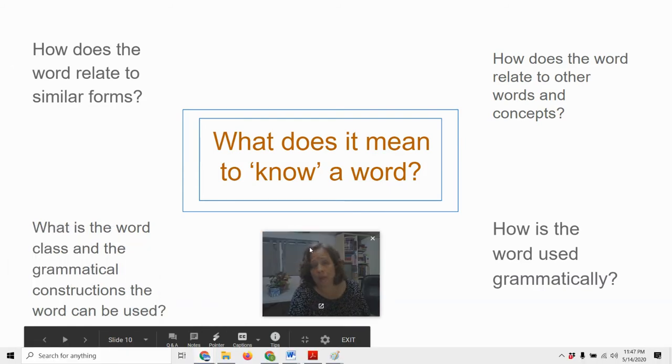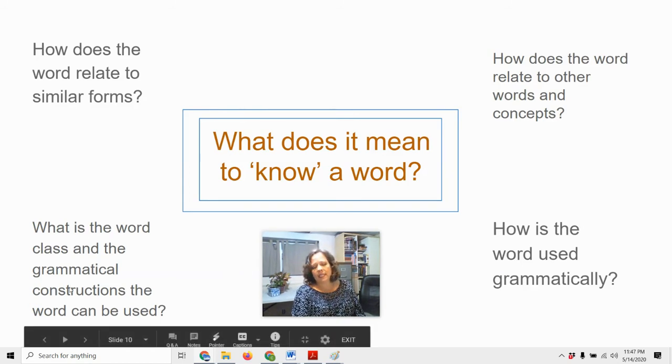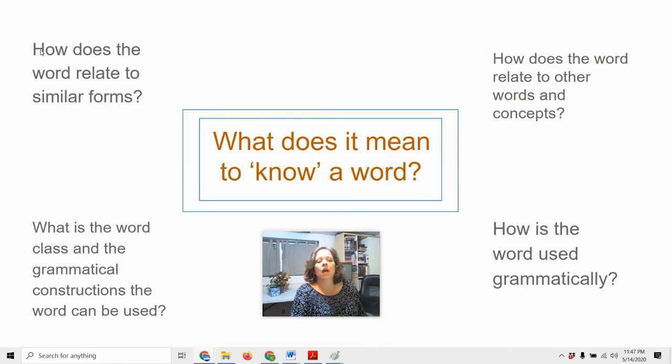As we teach vocabulary, another important part is to just understand, what does it mean to know a word? What does that mean, right? It's interesting because sometimes we think that there's just these pairings, but as we come to understand the more subtle elements of language, it can help us as we convey meaning.